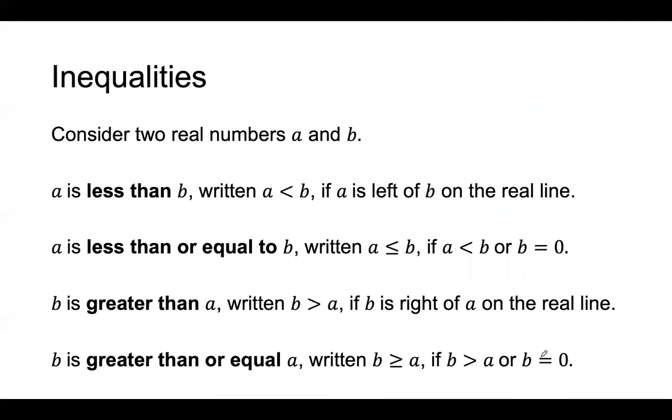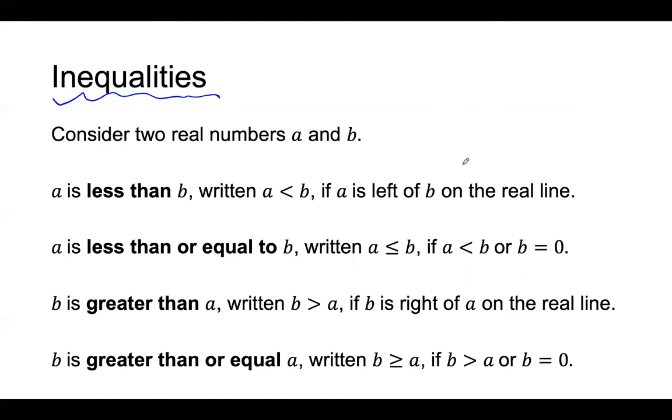So inequalities. We're going to be talking about this section next. So consider two numbers, A and B. What do these mean? If A is less than B, we write A is less than B if A is on the left of B on the real number line. So we can draw a little picture of this.